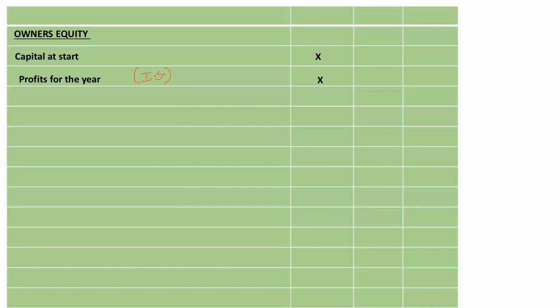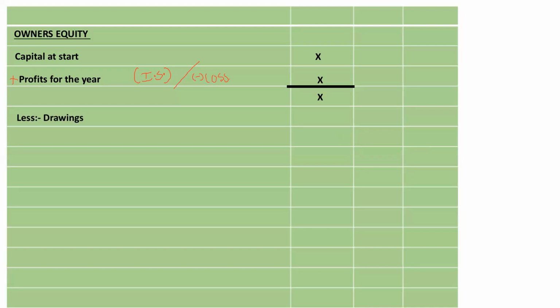Because profits increase the owner's capital, we add the profits to the capital at the start. Suppose you have incurred any losses, so you would subtract the loss from the capital at start. Capital at start adjusts for the profits or losses during the year. You will get a figure.